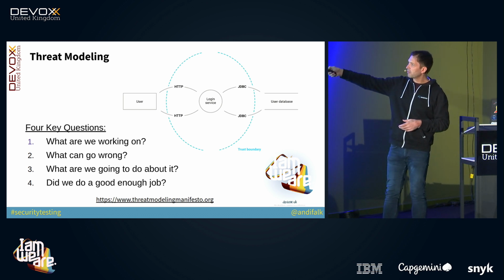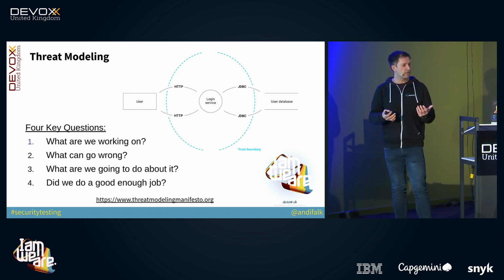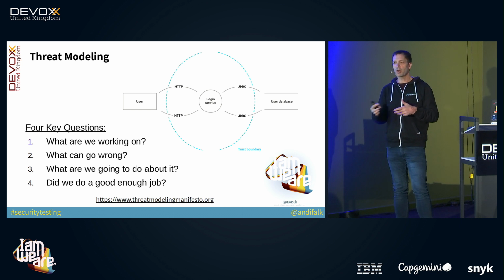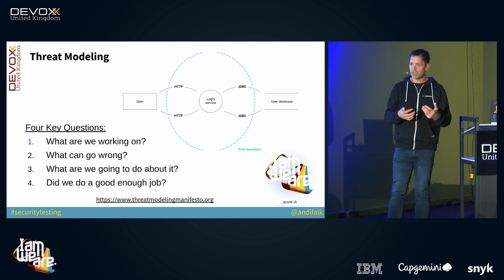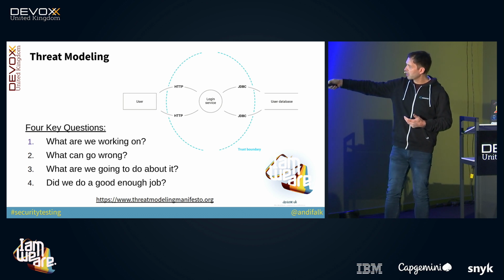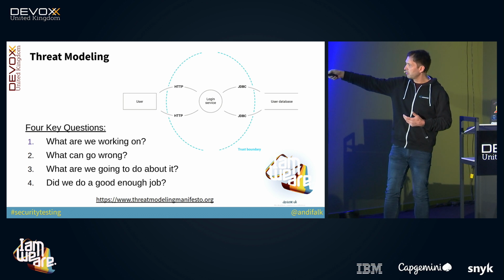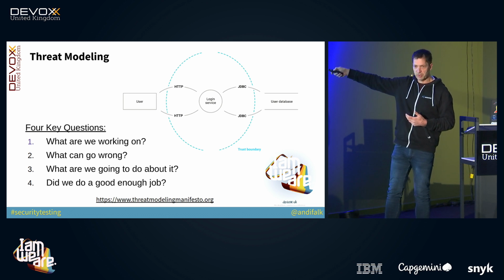In between, you have what are called trust boundaries. With a trust boundary, you always have some change in user scope. So you have to use some kind of login at this boundary and another user login at that boundary. You cannot use the same user here and the same user here for the user database.